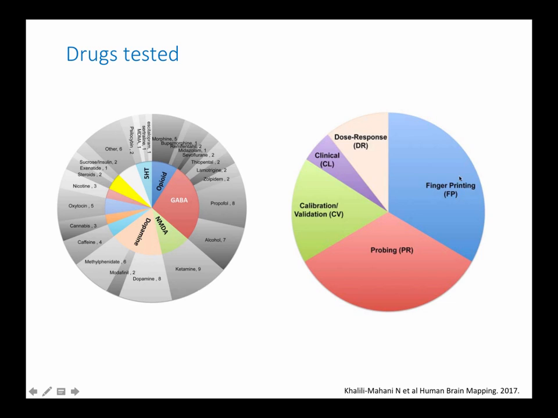So either looking at the effects of the drug, or trying to figure out the doses, or clinical things like taking somebody who's depressed, giving them a drug and seeing if you can see any changes in their various networks.